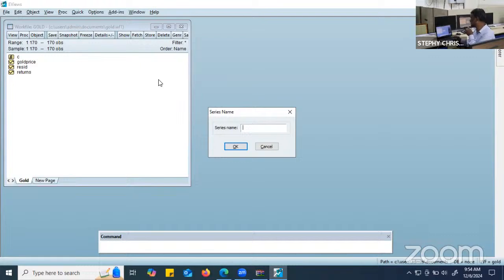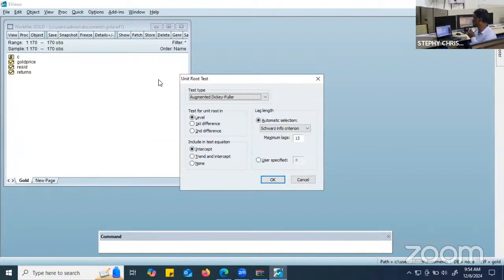So what is the series name? Yes, gold price. Okay. So look at the dialog box which I got. What are you able to see? The first option is level, first difference, second difference. Here there are three equations in the ADF.